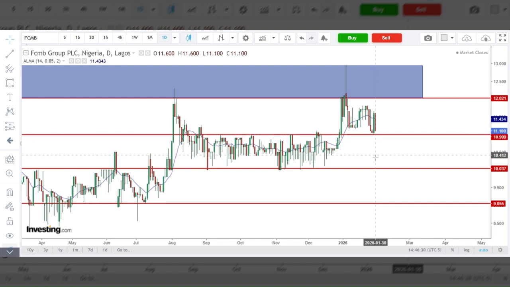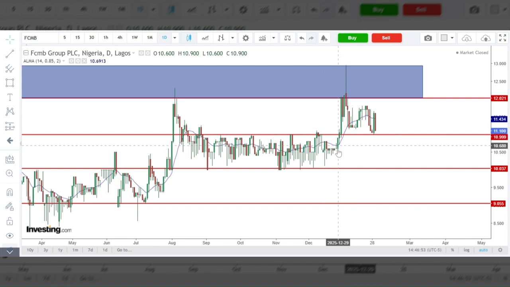So there's a potential of this stock coming down again and breaking this line. If it breaks this line, then we know it's going to be a downtrend. If it comes up and passes this moving average, then it's a potential uptrend.